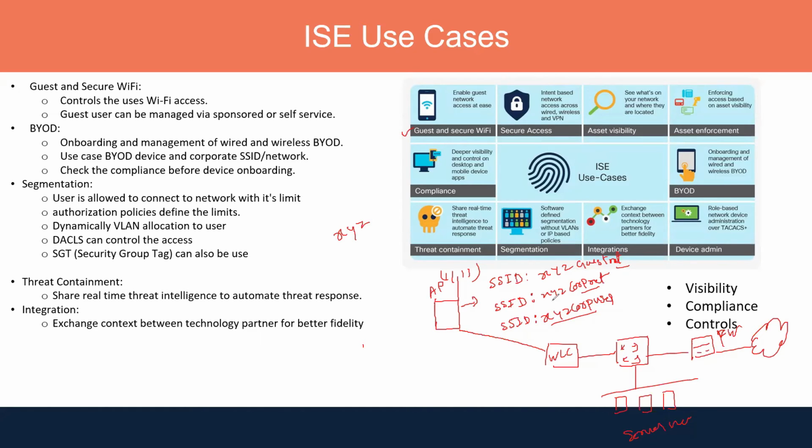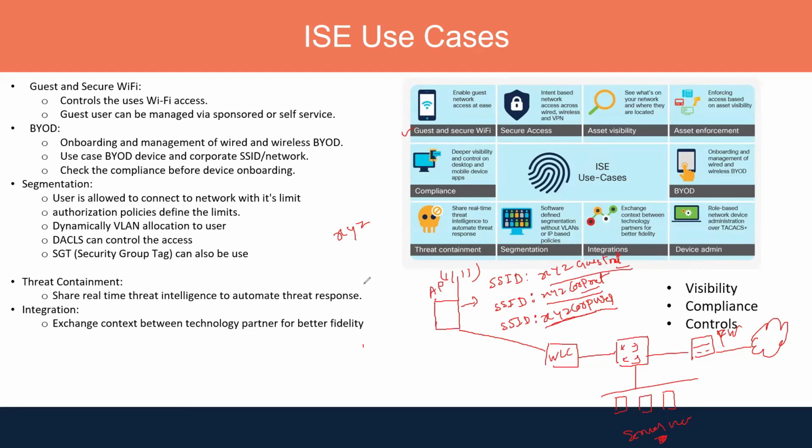For example, if a user is connecting to the corporate network, he would be able to access all these servers. If a user is connecting to just the guest network, he won't have server access, but he can access the internet, etc. And if a user is connecting as a corp admin user, they can connect to the server network, the management network, and the internet. They have full access.